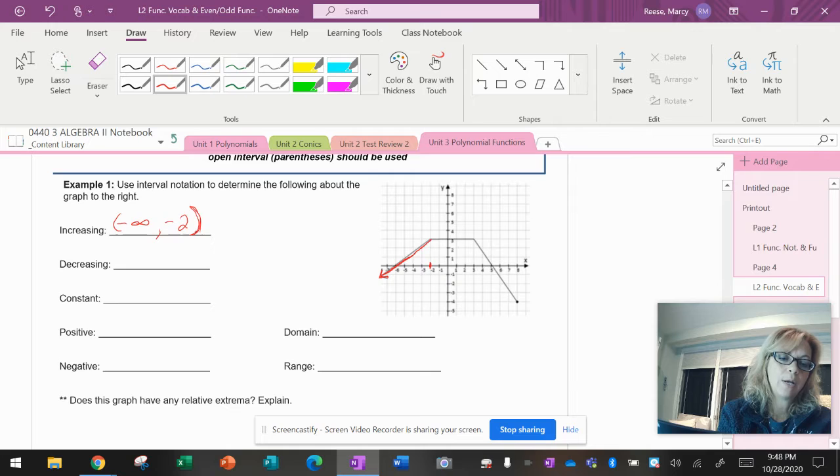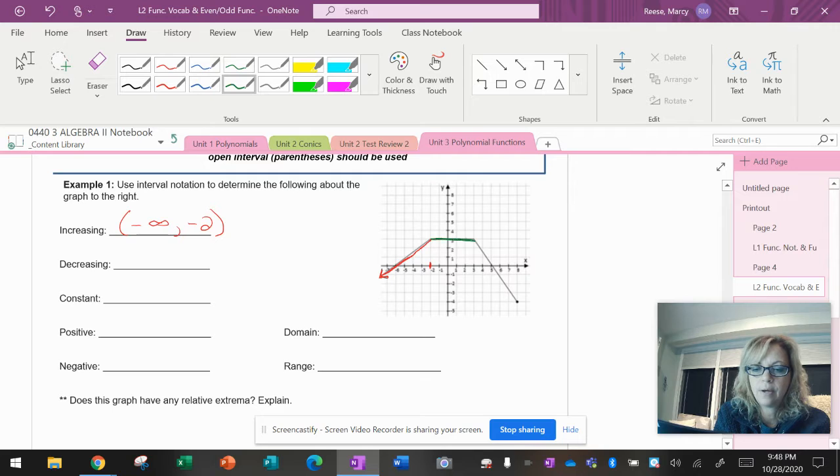When it stops at -2 and then goes straight across, this is the next block we're talking about. This is called constant. It's not going up, it's not going down, it's constant.